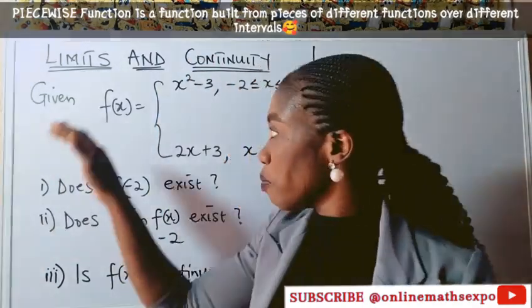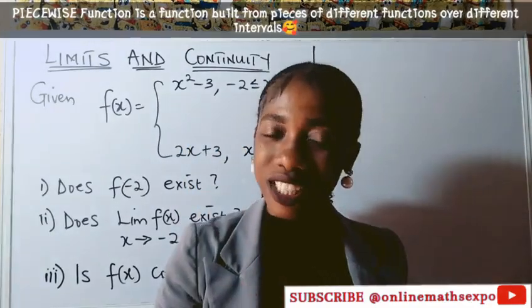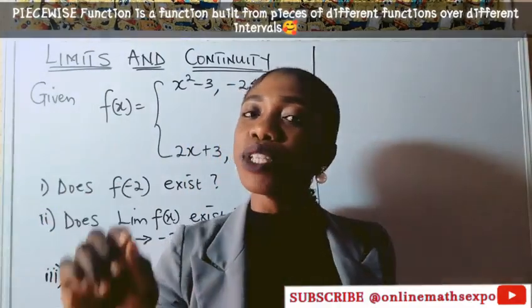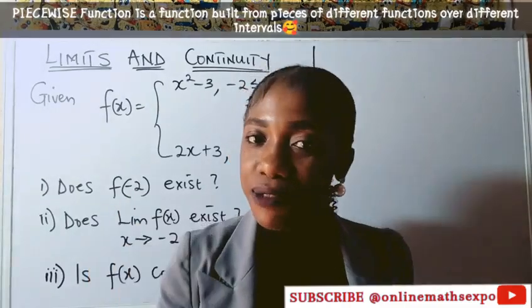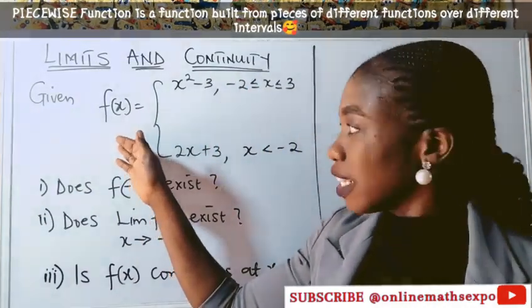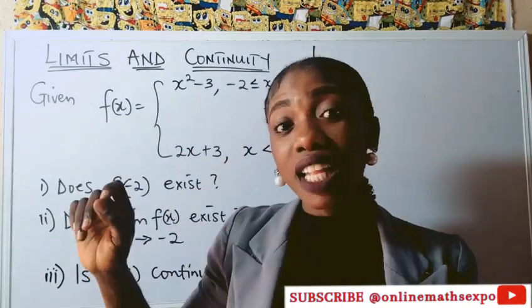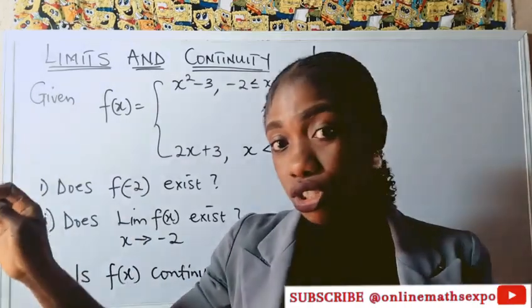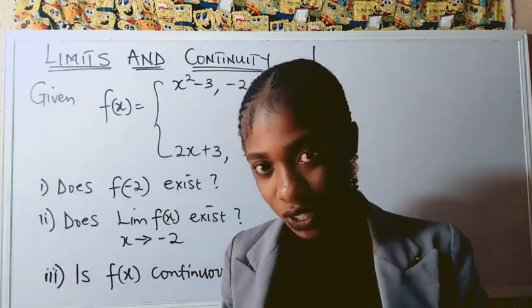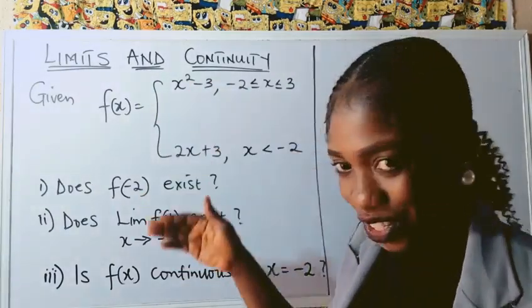So a piecewise function is a function built from different functions at different intervals. Now the question is: is this particular function continuous? Because sometimes piecewise functions are continuous, sometimes they are not. But it is our duty to identify if this one is continuous.